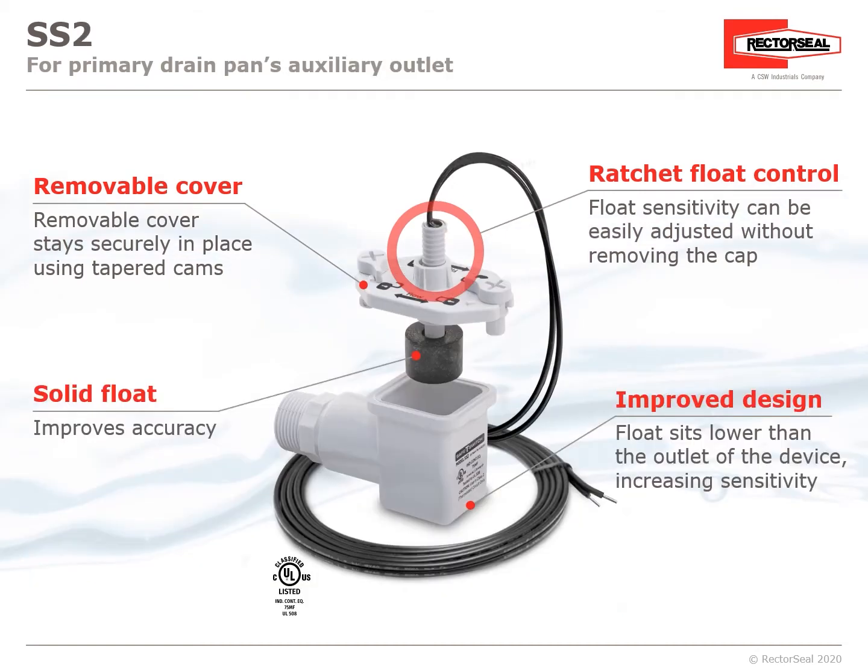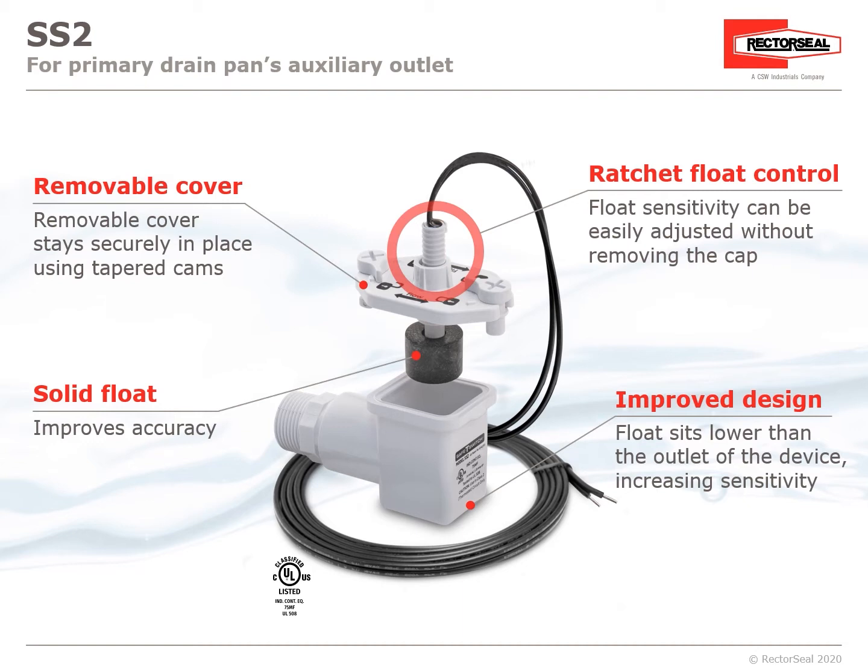The second method the ICC provides us as a protection method to shut the equipment off in the event the primary drain is blocked is in the overflow drain line. That would be our SS2. This is our new Generation 3 SS2 for primary drain pan's auxiliary outlet or secondary port. It also comes with a removable cover that has the tapered cams.